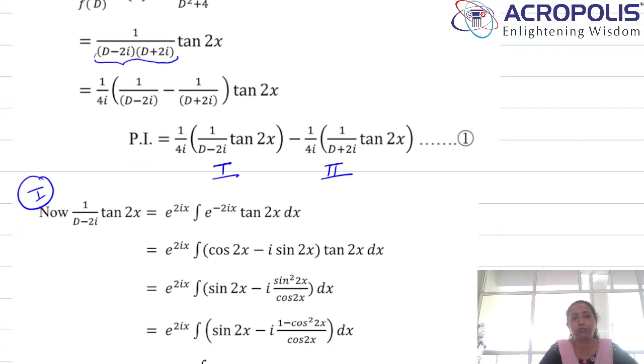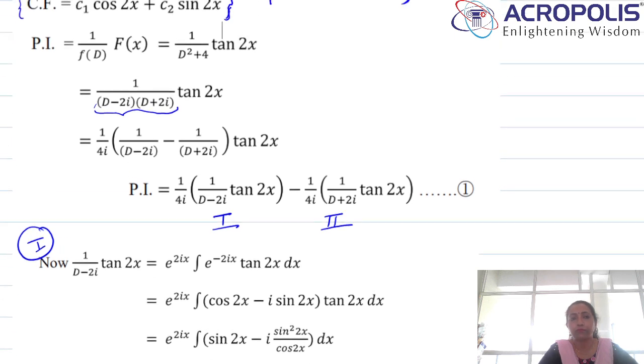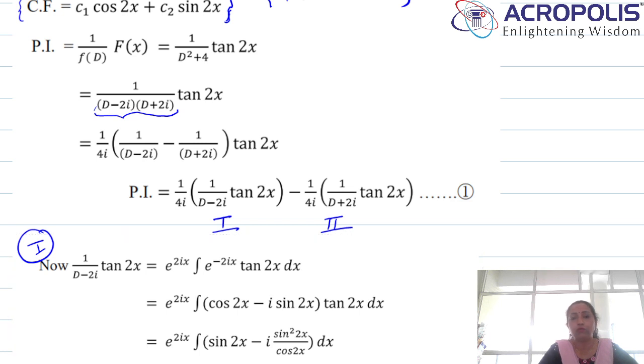So you can see, we will define the particular integral as PI is equal to 1 upon f of D dot f of x, which is equal to 1 upon D square plus 4 dot tan 2x, which is the value of the right hand side of the equation.